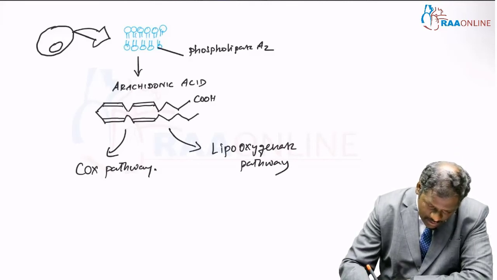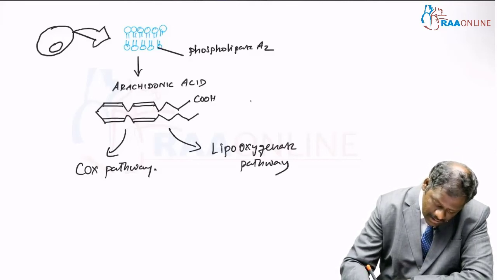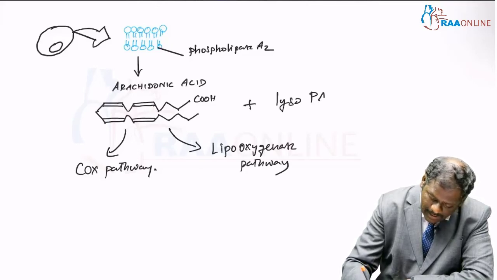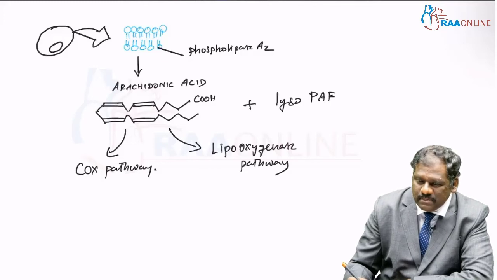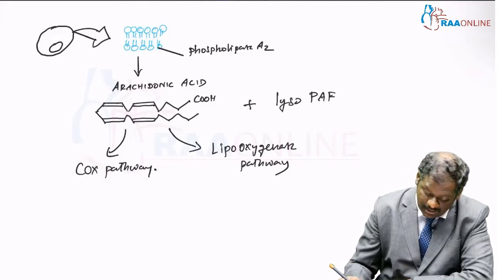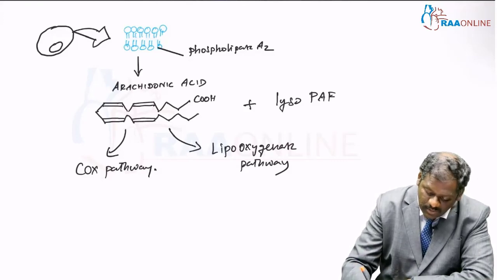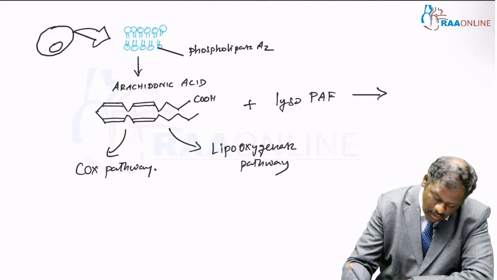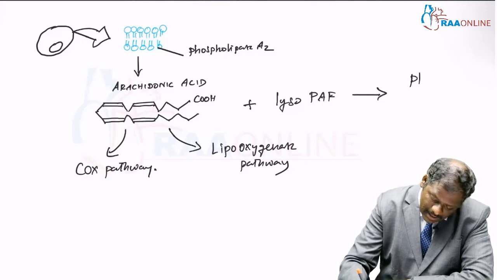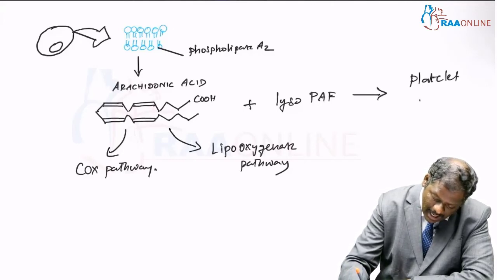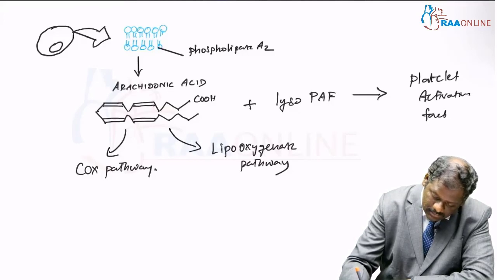or this arachidonic acid can combine with lyso PAF. So what is this PAF? It is nothing but platelet activating factor. So this can get combined with lyso platelet activating factor to form platelet activating factor.